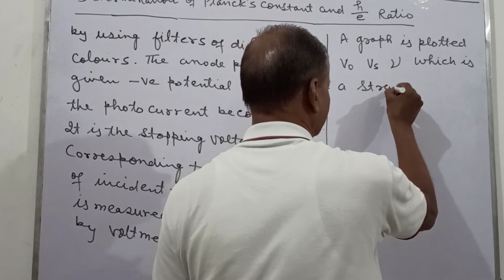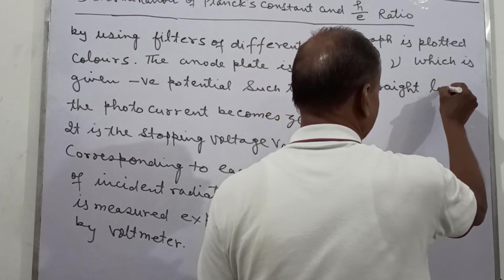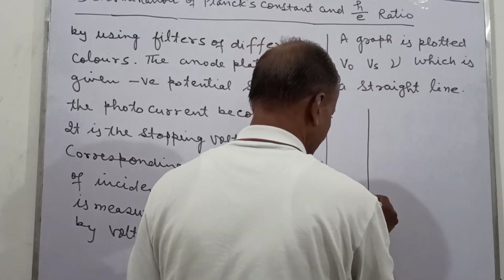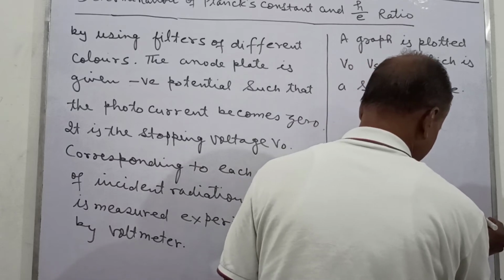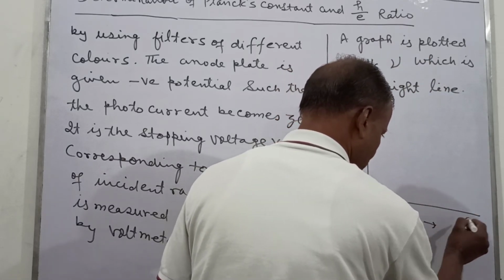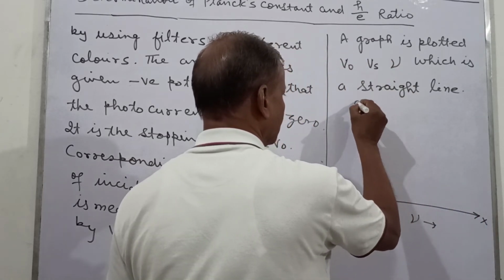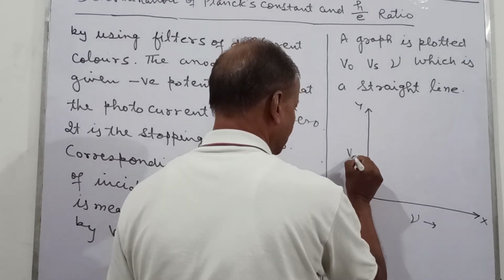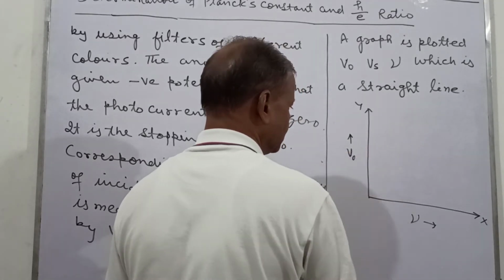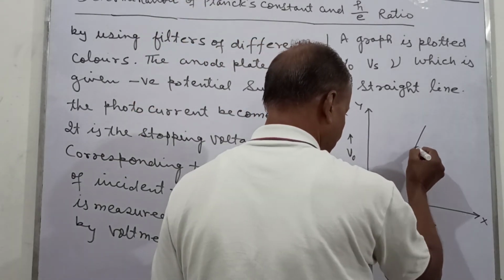Here we have nu on this axis, and here we take V naught. This is V naught, and now the graph is like this one.